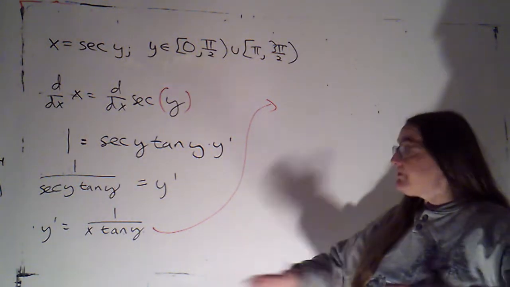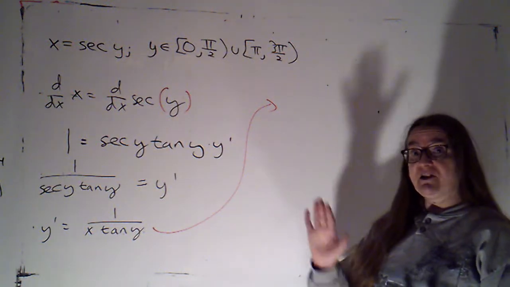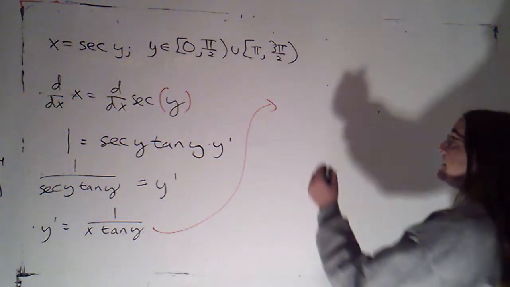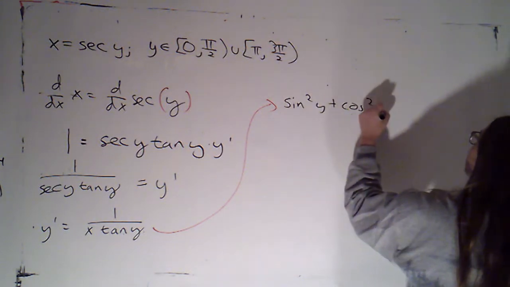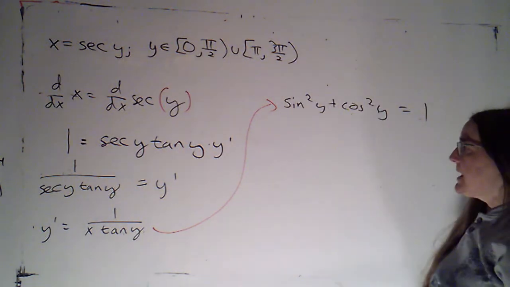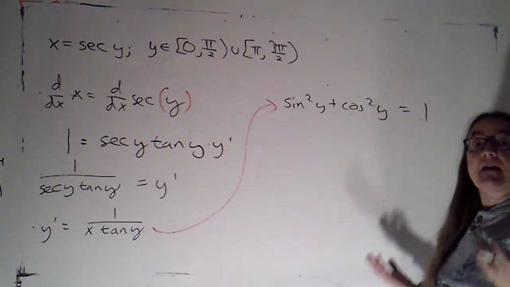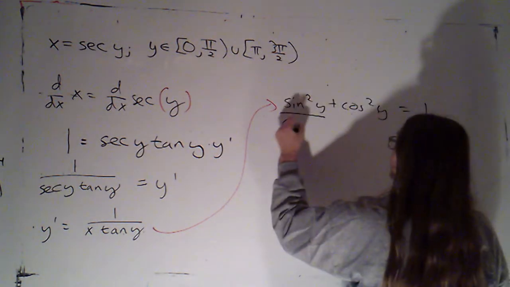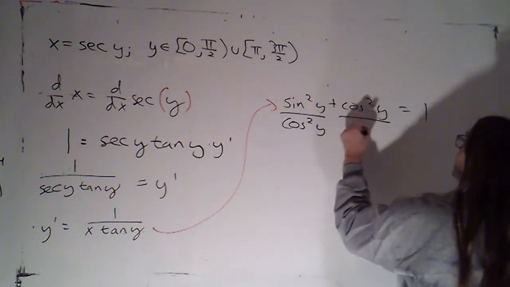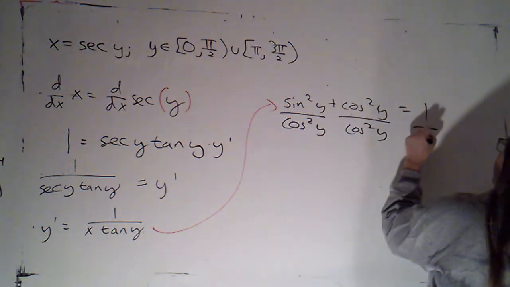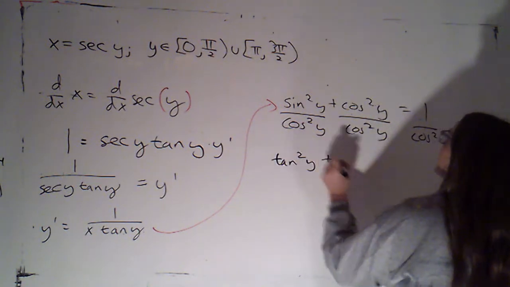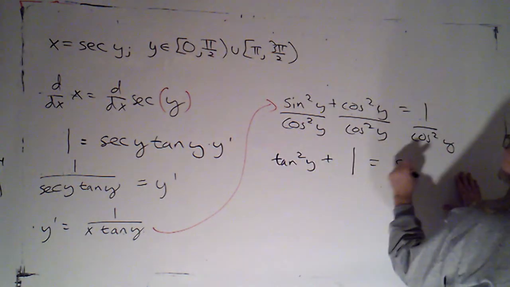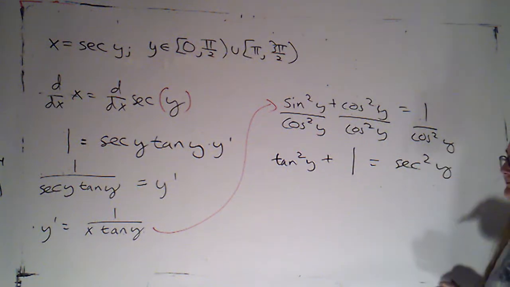Now again, you may have the Pythagorean identity that relates tangents and secants memorized. If not, you just start with sine squared y plus cosine squared y equals 1. I know that tangent and secant both have cosine in the denominator. So I divide through by cosine squared, and we get tangent squared y plus 1 equals secant squared y.